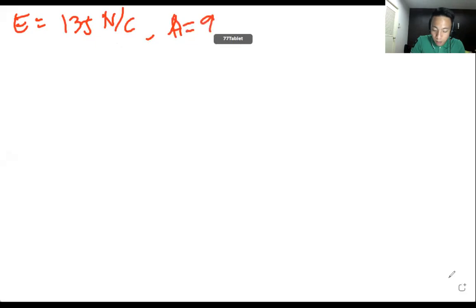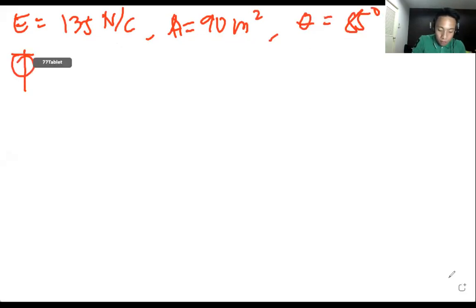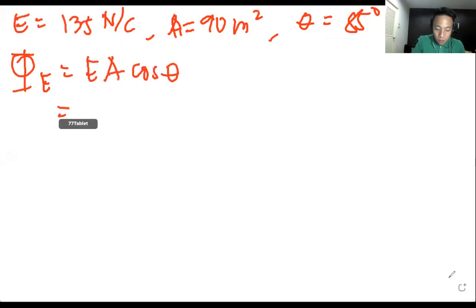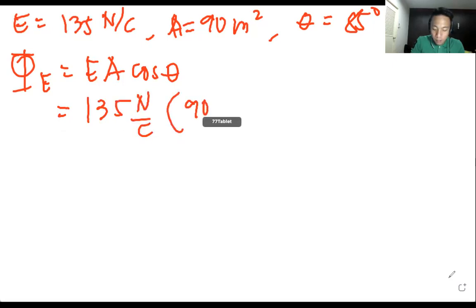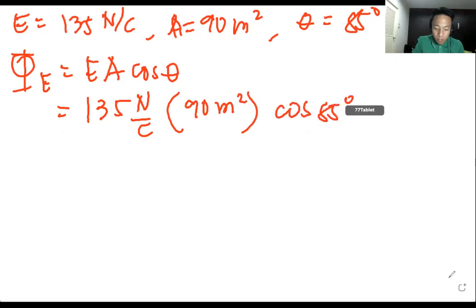Given: we have E is equal to 135 N/C, we have the area, which is 90 meters squared, and the theta or the angle is 85 degrees. So we will use this formula. So the flux will be 135 N/C multiplied by 90 meters squared multiplied by the cosine of 85 degrees.